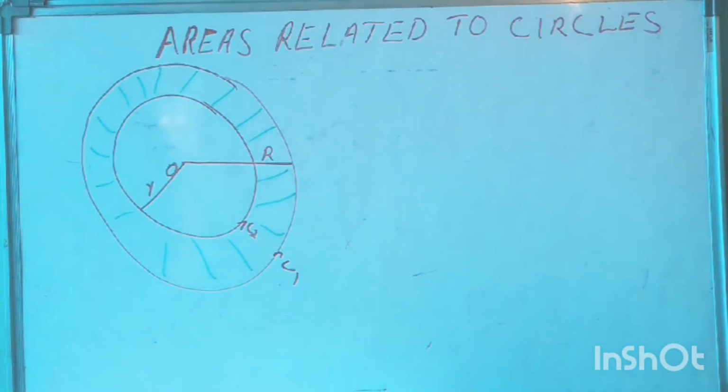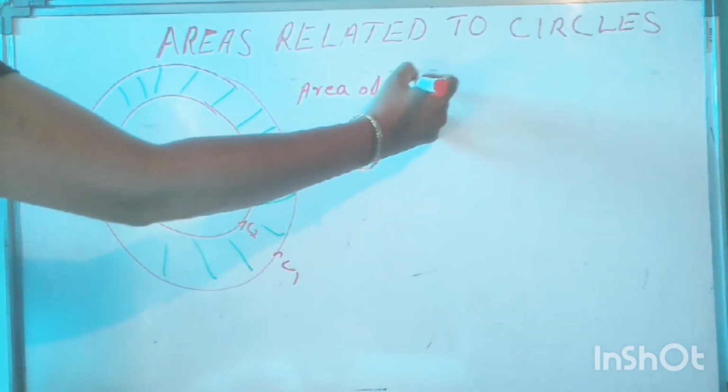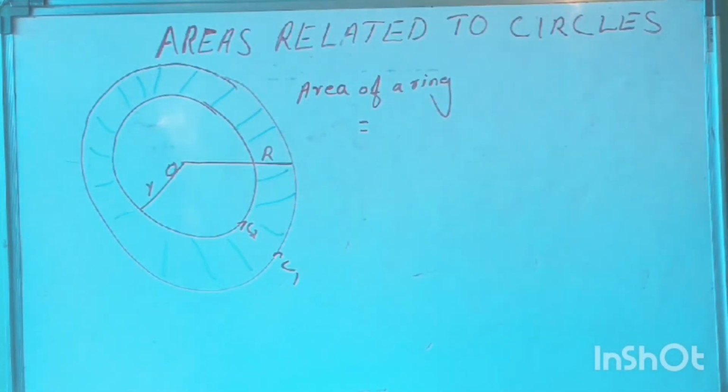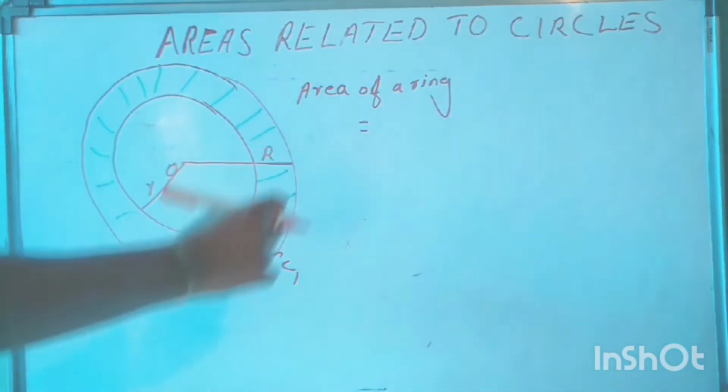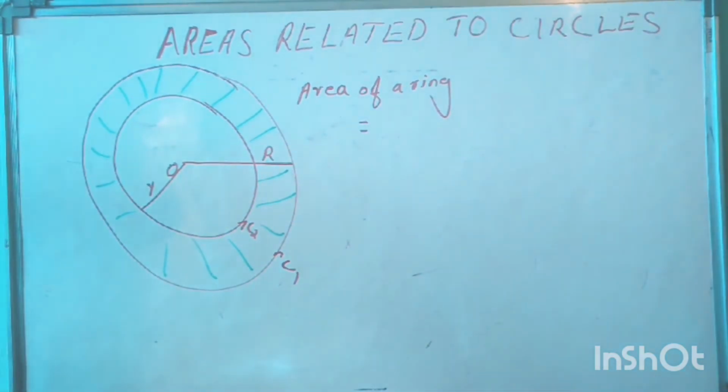Now, how can we find out that shaded portion area, or area of a ring? Do you have any idea? Area of a ring is equal to area of the bigger circle minus area of the smaller circle.